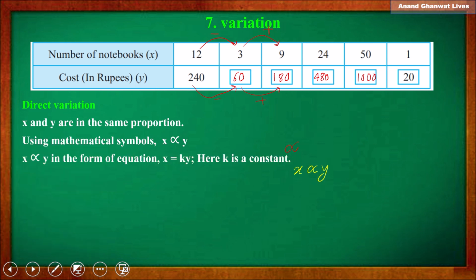And therefore, since there is a definite proportion between x and y, you can get the value of x by multiplying k with y, where k is a constant.